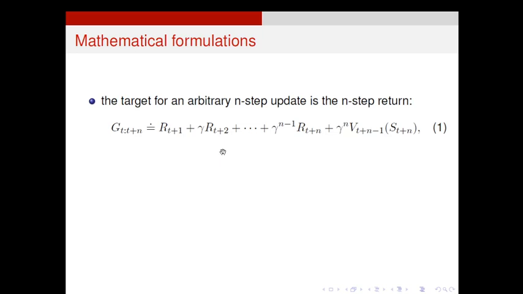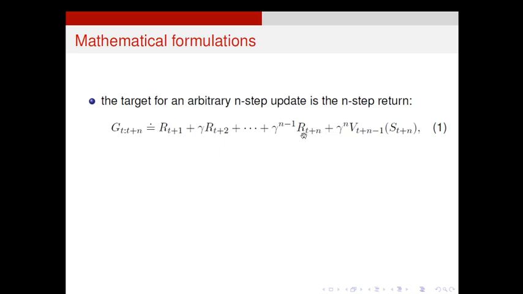That means it is a sum of later rewards discounted by a factor, because the reward at step n is discounted by gamma raised to n minus 1.